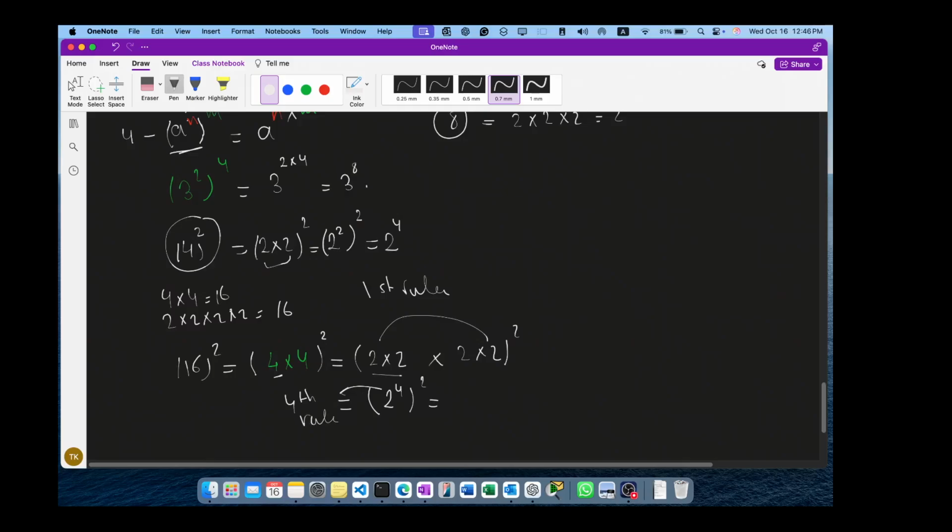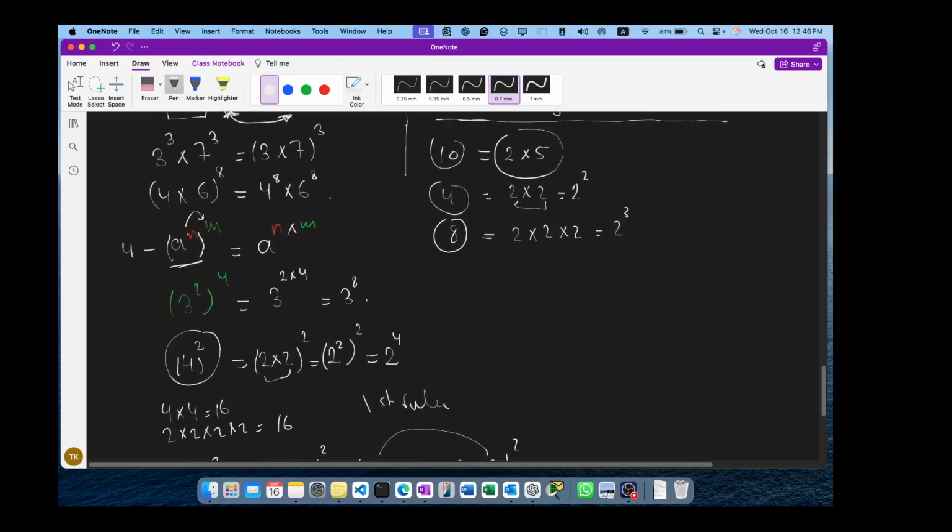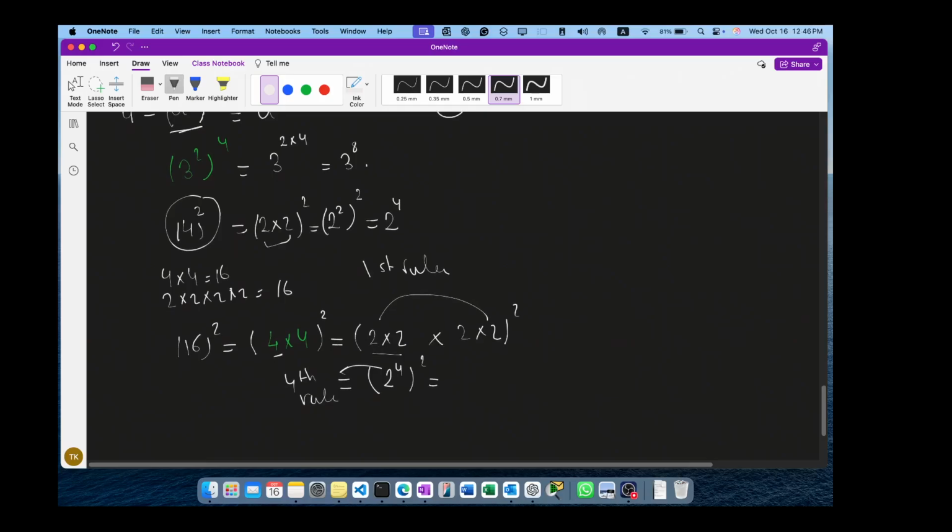It's a mix between rules. I will give you an exercise now containing the second rule or third rule, and you will see that. Now I can apply the fourth rule: 2 to the power 4 times 2 equals 2 to the power 8. Just that.